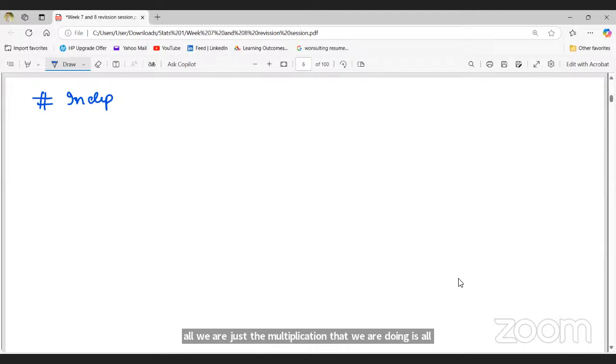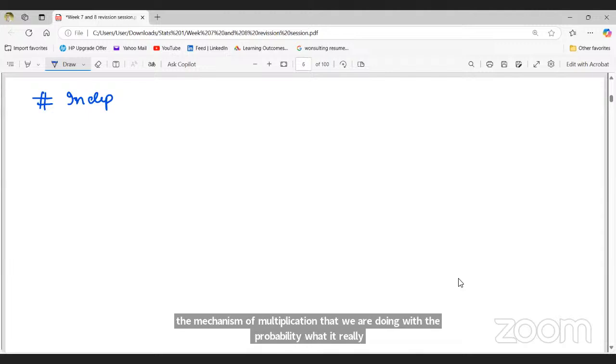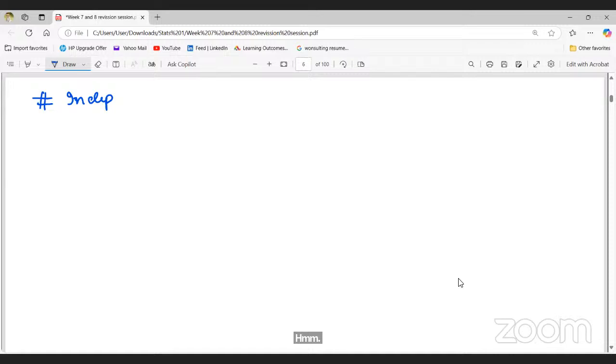This quite strikes me while using these formulas. Why are we using this formula, you are asking? The mechanism of multiplication that we are doing with the probabilities: what logical sense can we infer from this?